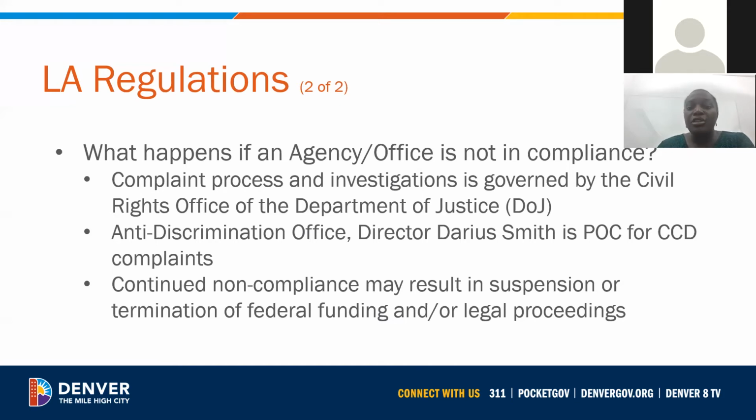They can also ask for either suspension or termination of federal funding, or put you into legal proceedings. And most recently, the Colorado court system here in Colorado has entered into a voluntary settlement agreement with the Department of Justice for language access purposes. Next slide.